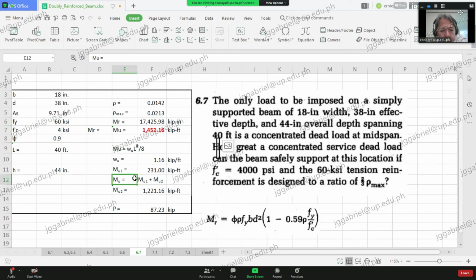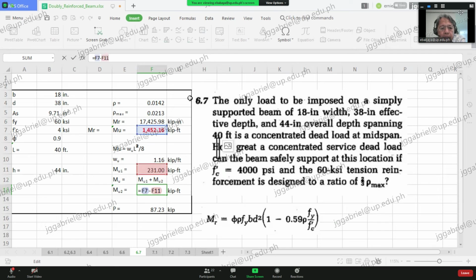So we know this already and we know MU1. We can get MU2. So this is now MU2. The formula for MU2 is equal to MU minus MU1. So that's equal to this. MU minus MU1, you get MU2. So this should be the moment that your service dead load at midspan should carry. Or that's the maximum concentrated service dead load.